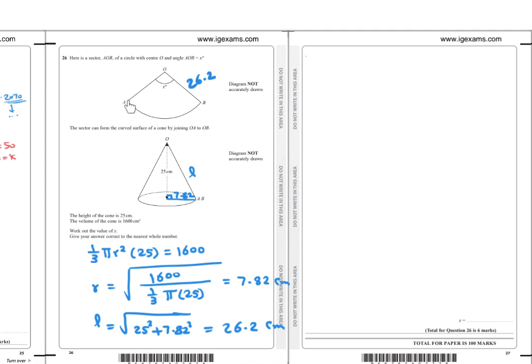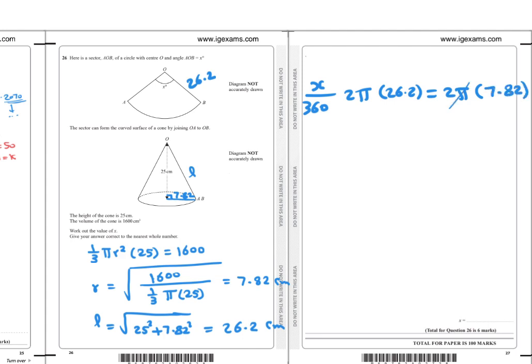Now the length of the arc equals the circumference of the circle. The length of the arc equals x over 360 times 2 pi r, which is 26.2, equals the circumference of the circle, which is 2 pi r, which is 7.82.